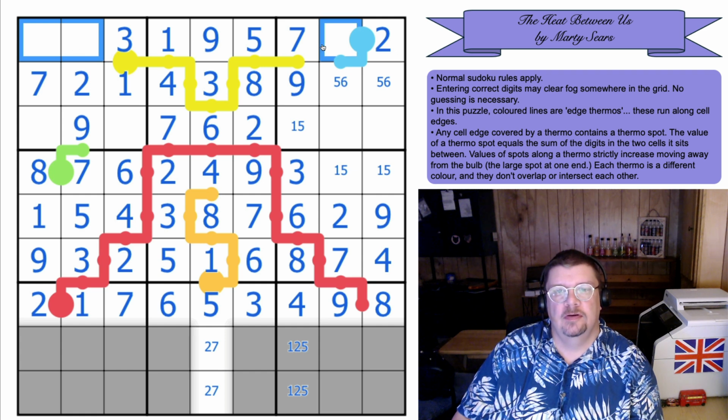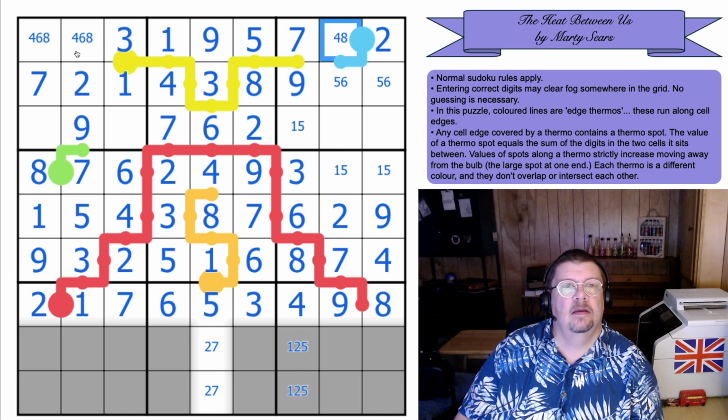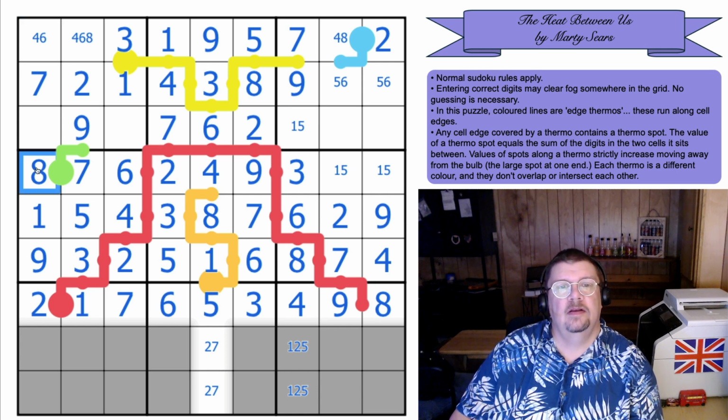Okay, these 3 digits are 4, 6, and 8. That one can't be 6 because of the 5, 6 pair. That can't be 8 because of this 8. This 5, 6 pair makes that a 1.